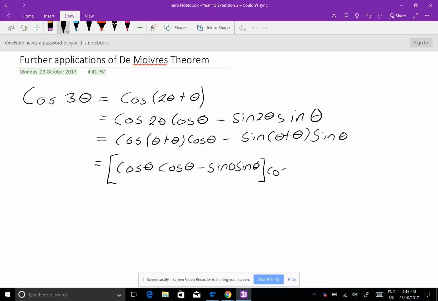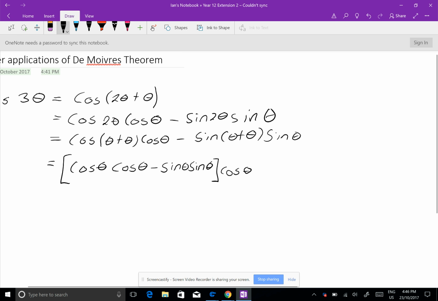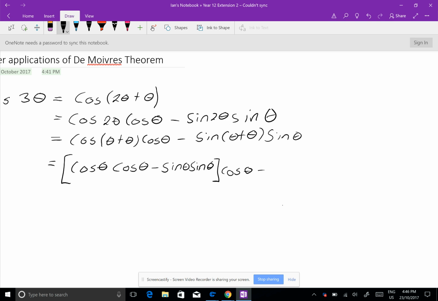We get cos theta times that, minus, well, sine theta plus theta is sine theta cos theta plus cos theta sine theta, and that's times sine theta. We'll just tidy that up.